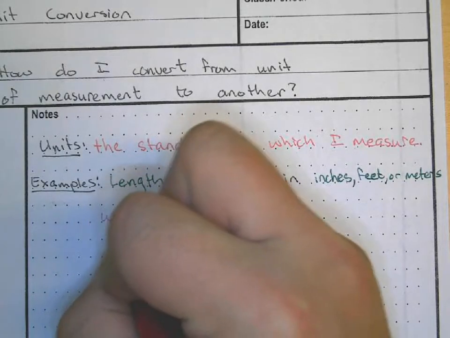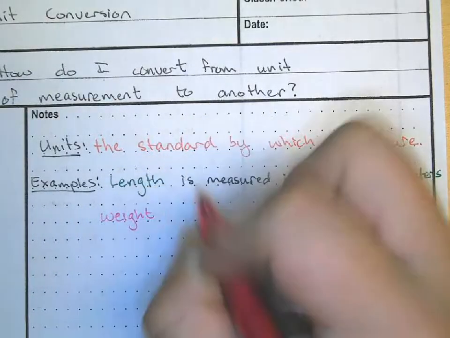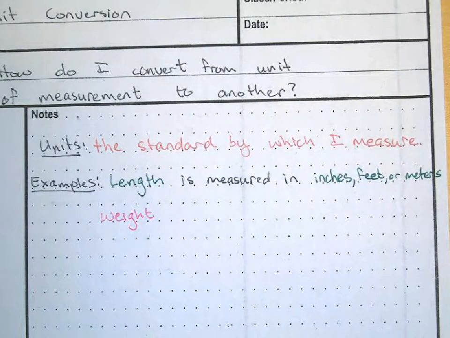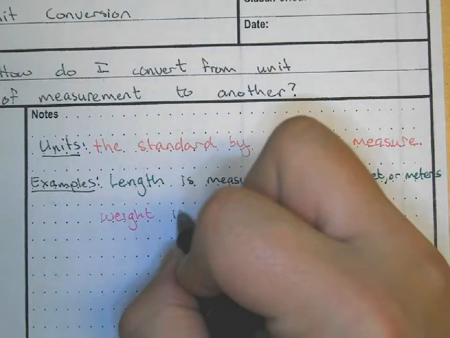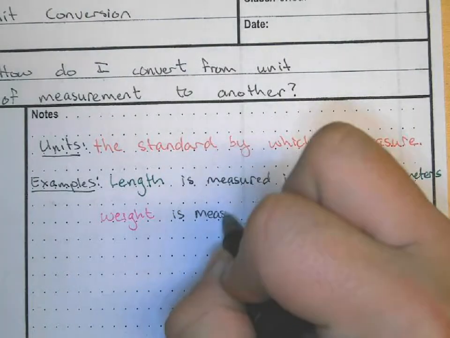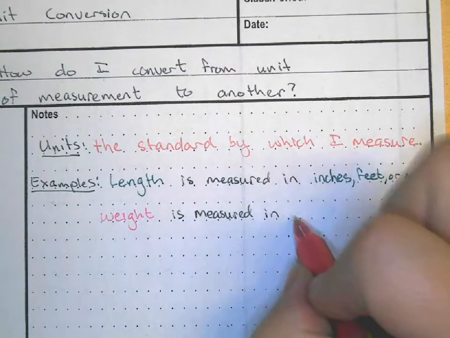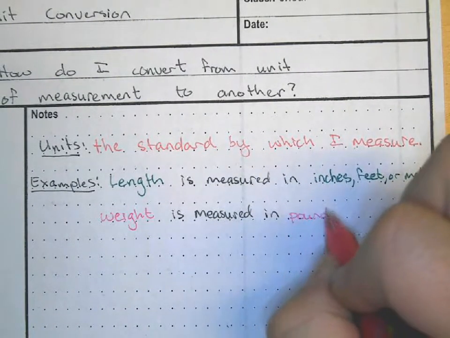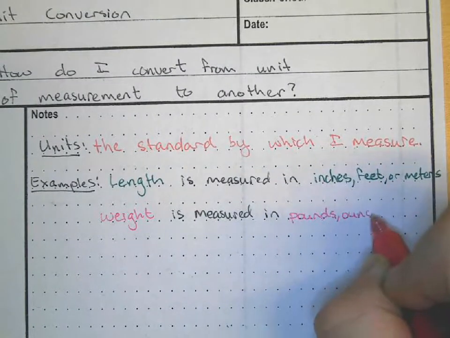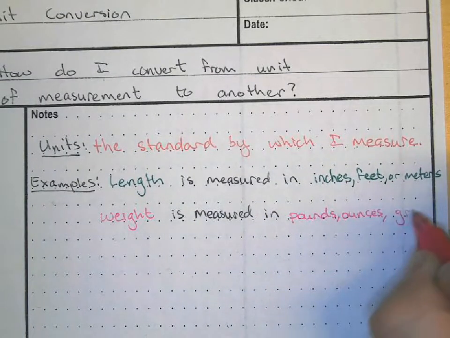Another example might be weight. Weight is measured in pounds, ounces, or grams.